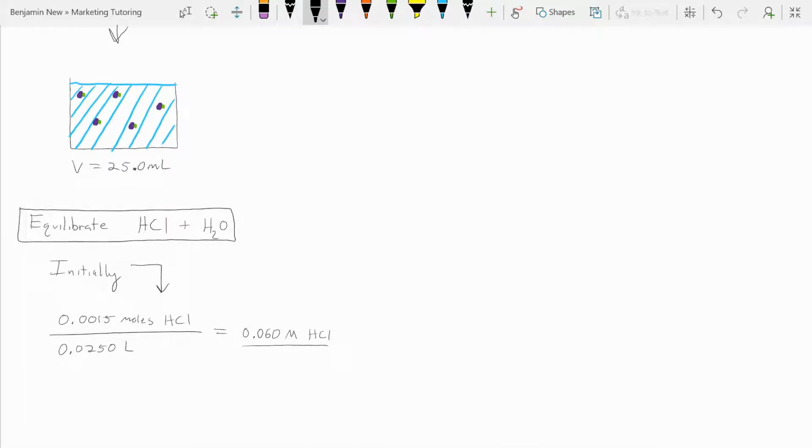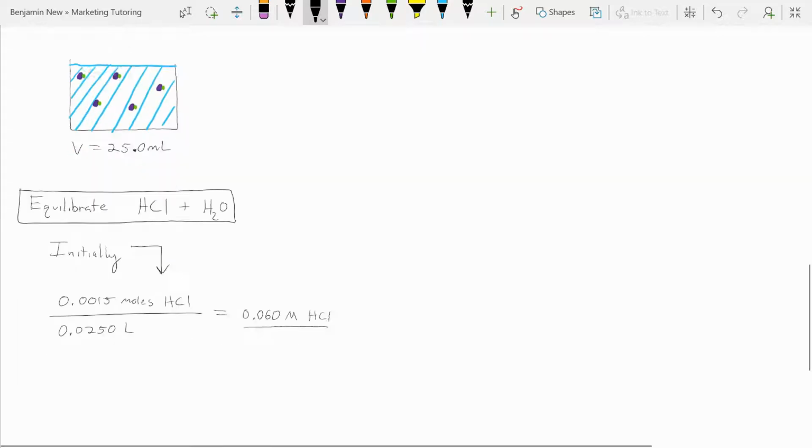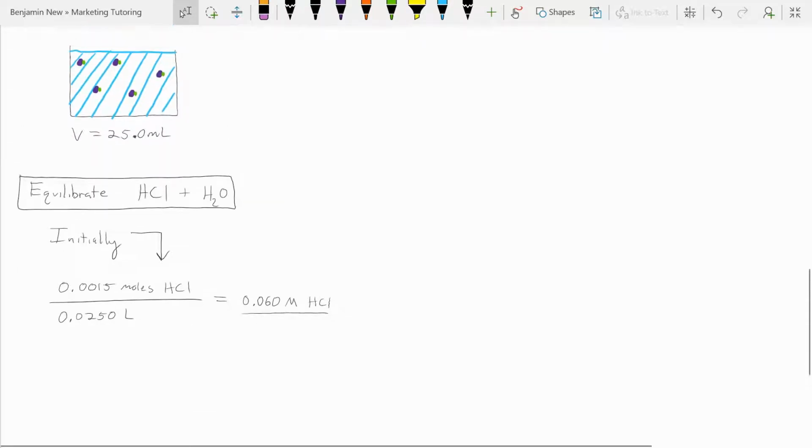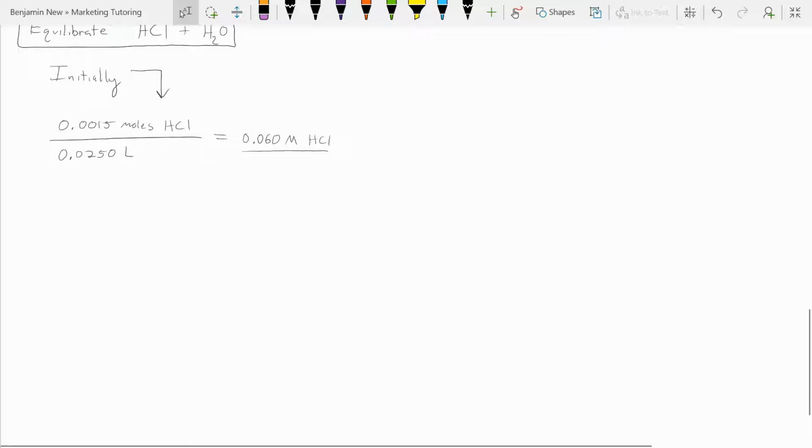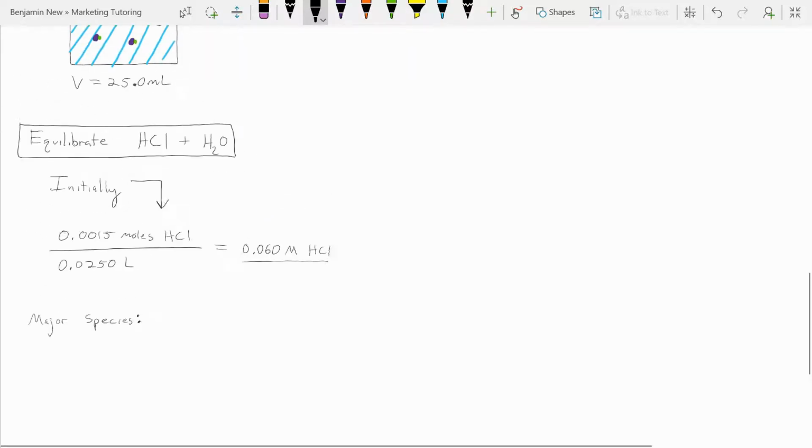And what's going to be useful in your career or as a chemistry student is when you're given a lot of things that could react together, you need a systematic way to discern what things are important and what types of reactions are going to occur. So here's what I do. The first thing that I do is I identify the major species in the solution. And by this, I just mean the chemicals that are in the highest concentrations.